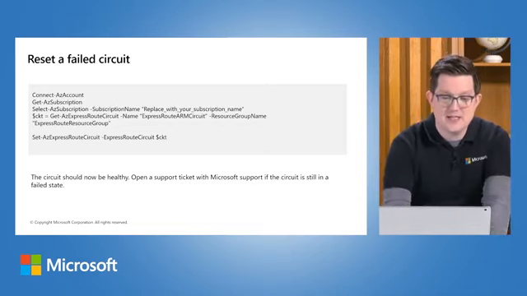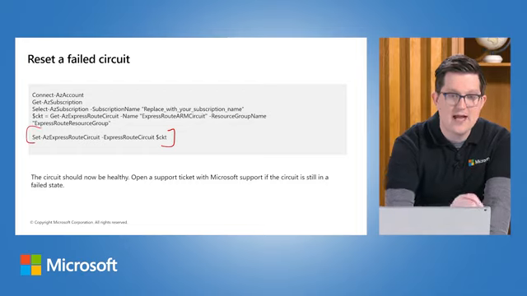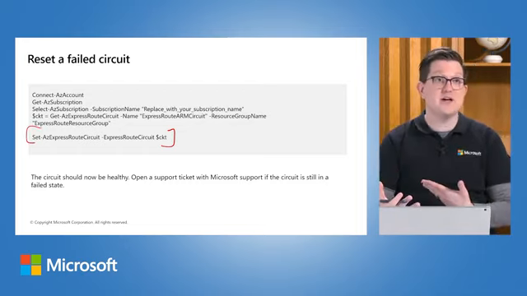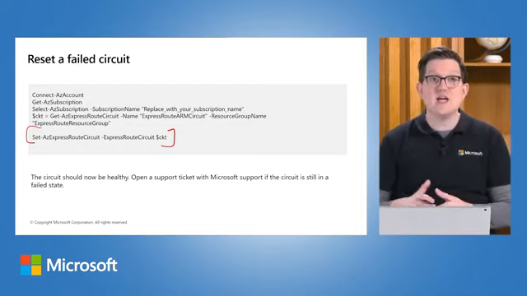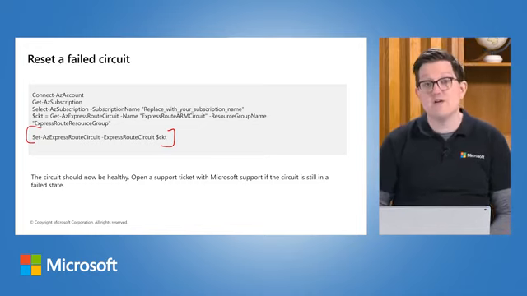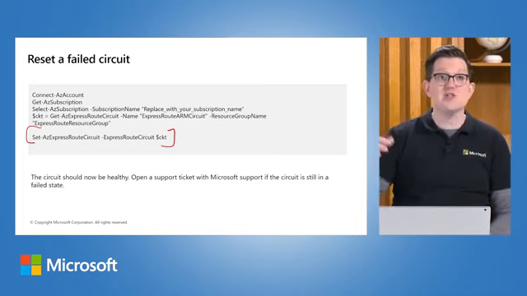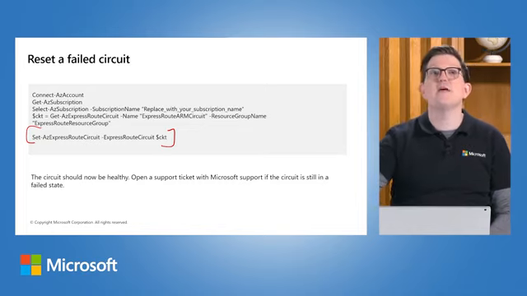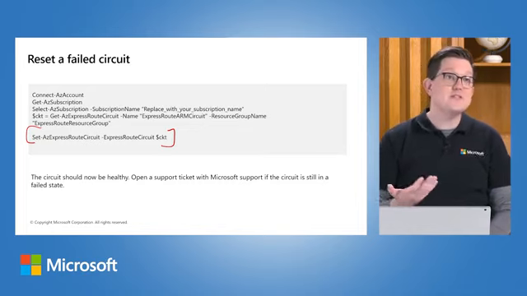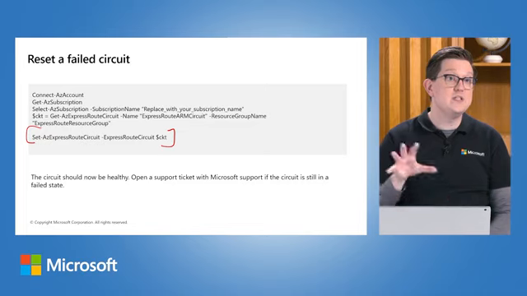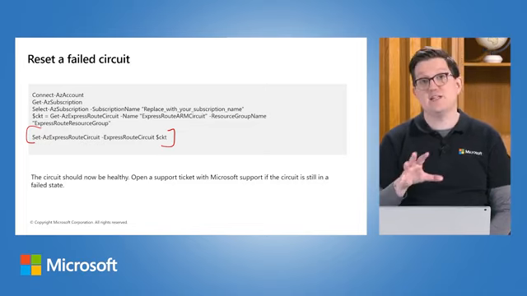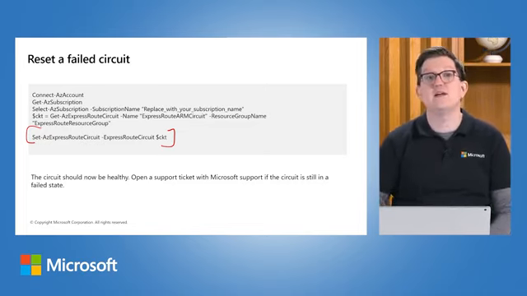This set process, where you are going through and actually applying a change to an ExpressRoute, even if you don't make a change, will force a refresh of the configuration. And to force a refresh, we will need to take the circuit down and then bring it back up. If you ever see something in a failed state, do this first because it's the easiest fix and it doesn't require anything extra to get up and running.